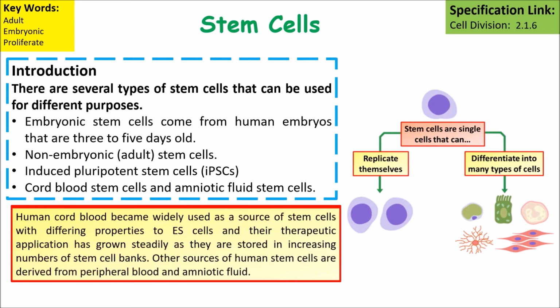And human cord blood became widely used as a source of stem cells with various properties. They can be used in therapeutic stores, and most importantly, they can be stored in stem cell banks.